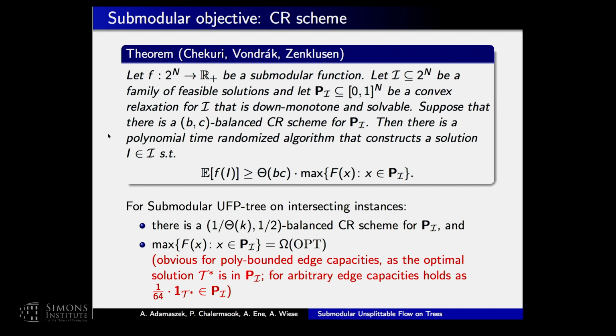So this value is at least as large as the maximum integral value, that is, it's at least opt. And if we don't have the polynomially bounded property, then we have shown that within the polytope we still have a solution which is only a constant fraction worse than the optimal solution. So we know that this value is at least of the order of opt.